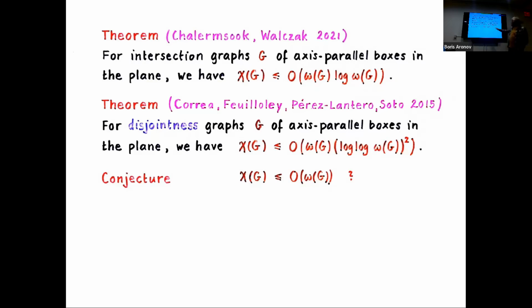I think that this is really an important open problem in the area, to decide whether for these graphs the chromatic number is really just a constant times the clique number, which really means that they are nearly perfect.